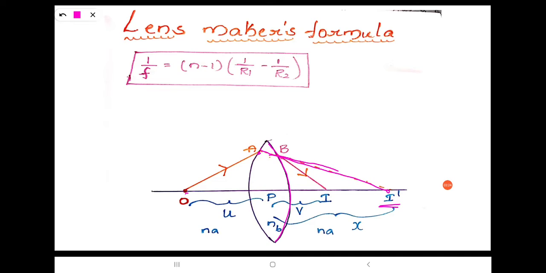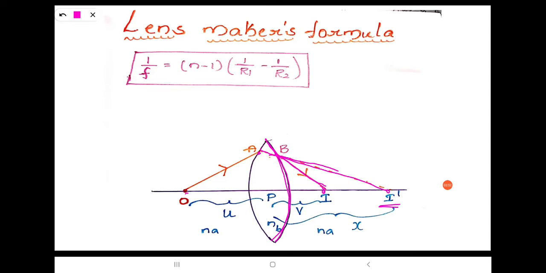Now the ray refracts through the second refracting surface. From point B the refracted ray passes and meets a point on the principal axis.